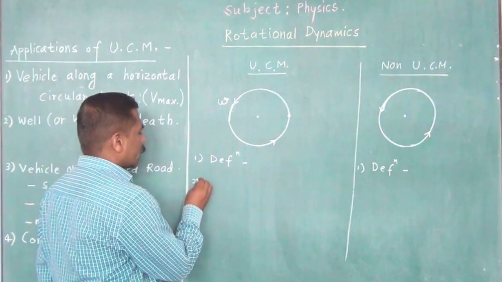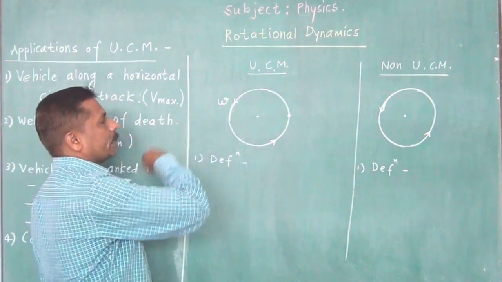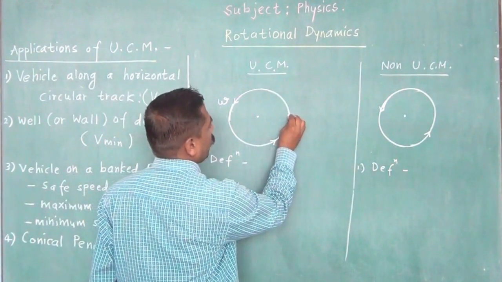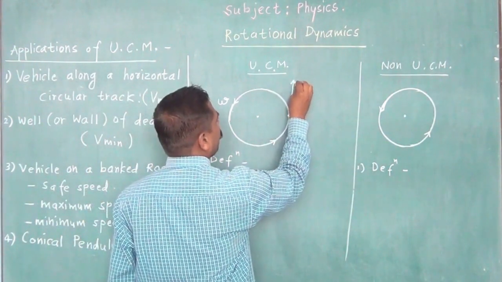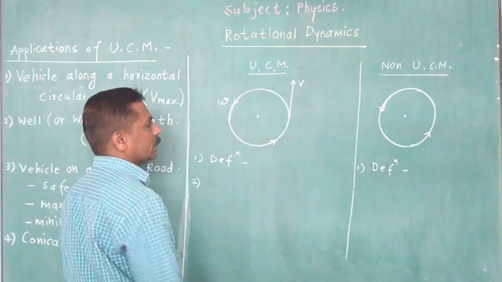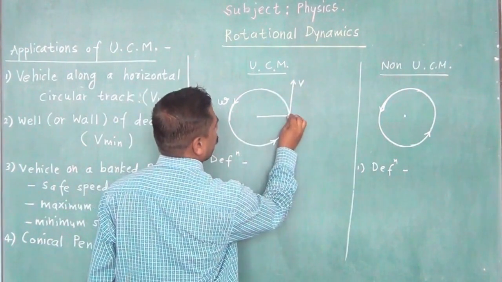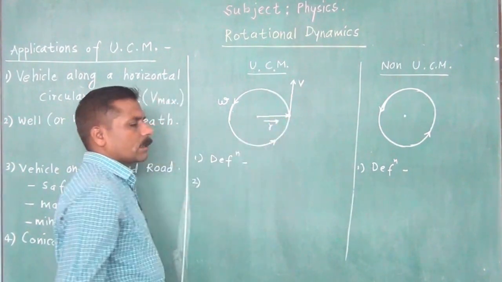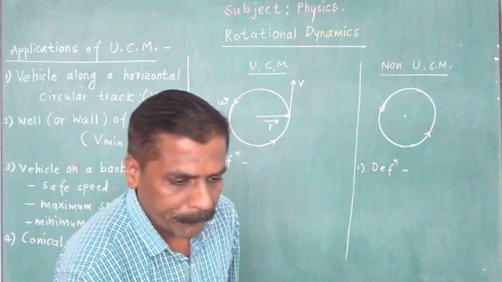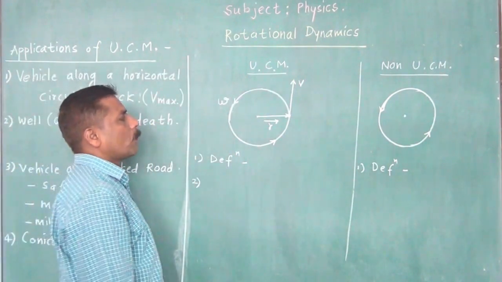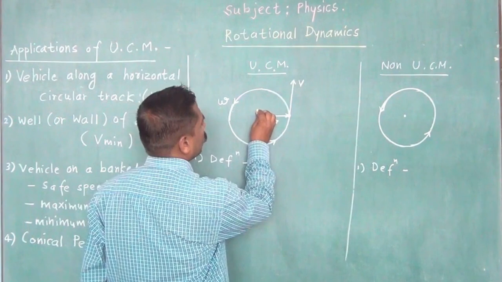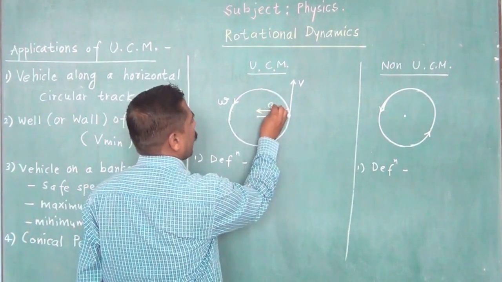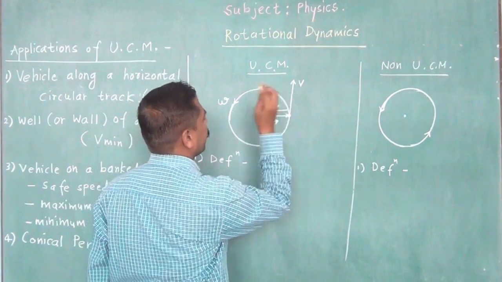Secondly, when the particle is moving in a circular motion, suppose this is the position of the particle. This is the direction of the linear velocity, and this is the direction of the radius or the position vector. In uniform circular motion there is a radial or centripetal acceleration.